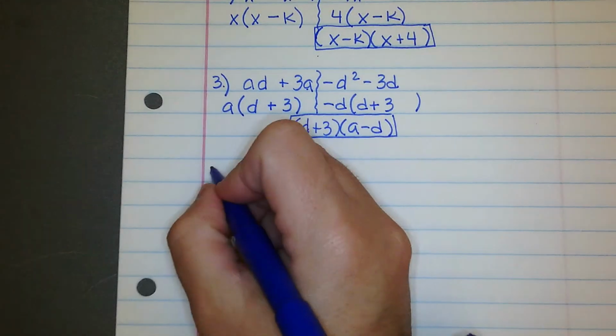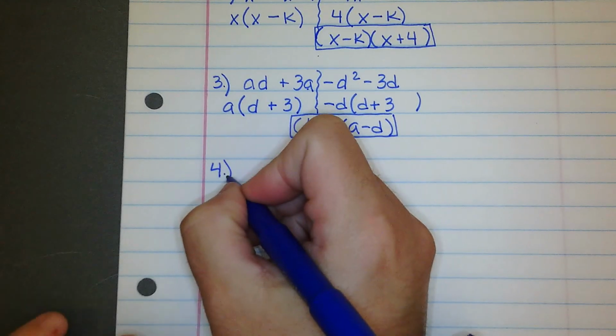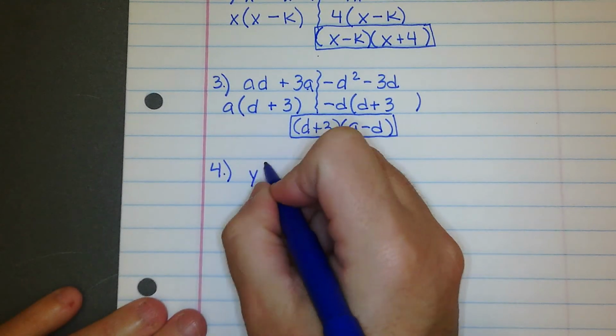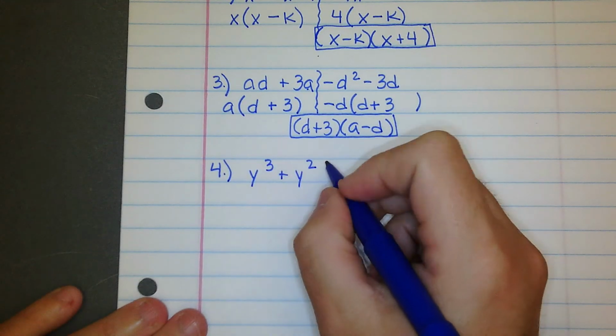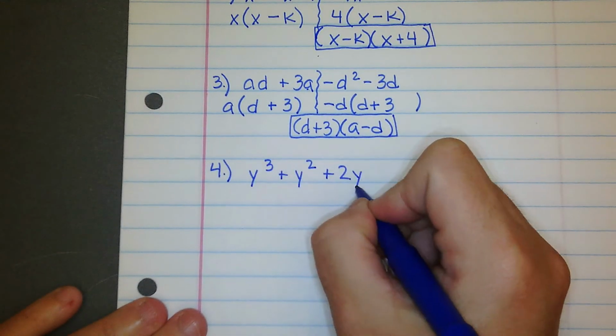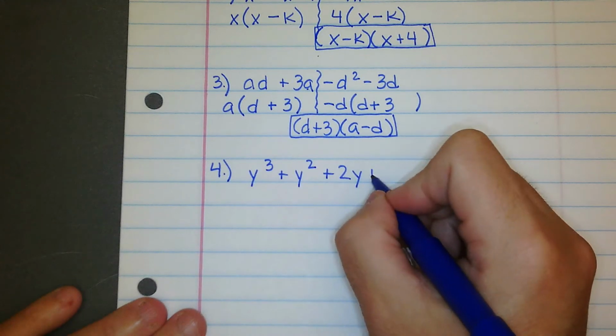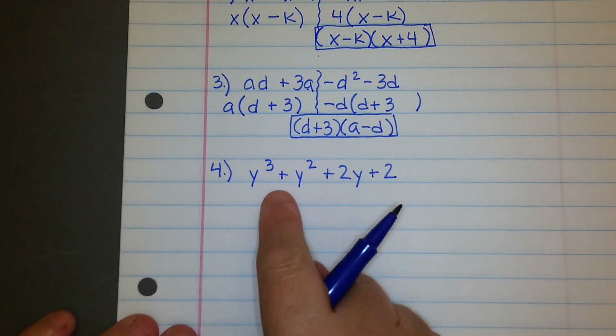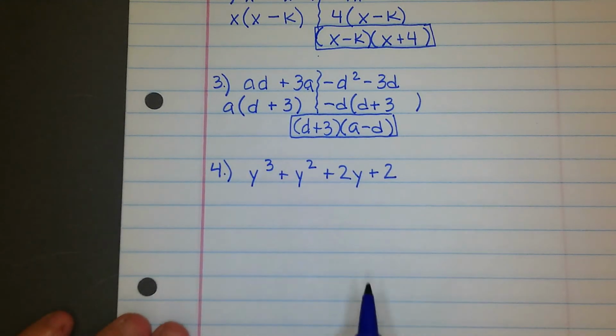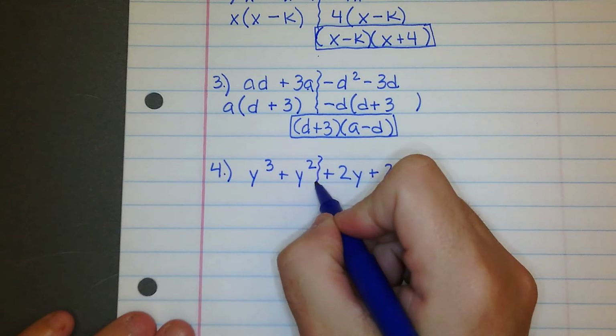Number 4, y cubed plus y squared plus 2y plus 2. Ooh, a cubic. Love it, love it. I know it's a cubic because the highest exponent is 3. All the variables are the same. I'm factoring. I'm going to crinkle cut down the middle.